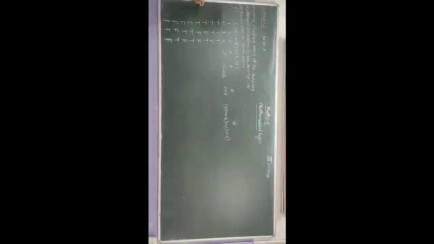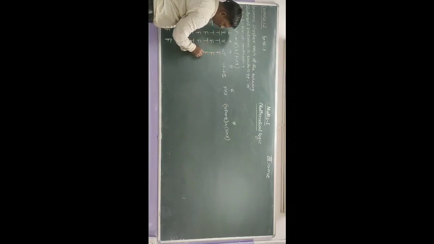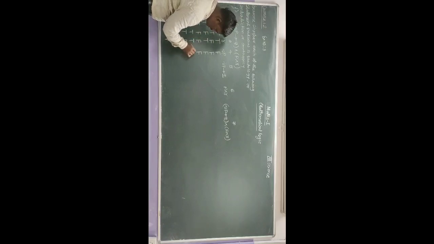Then the negation of P. P, R: true, true, true, true, false, false, false, false. Then negation of P: false, false, false, false, because the negation of true is false, and the negation of false is true.